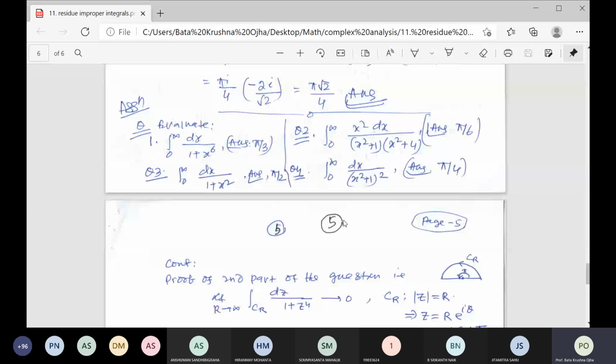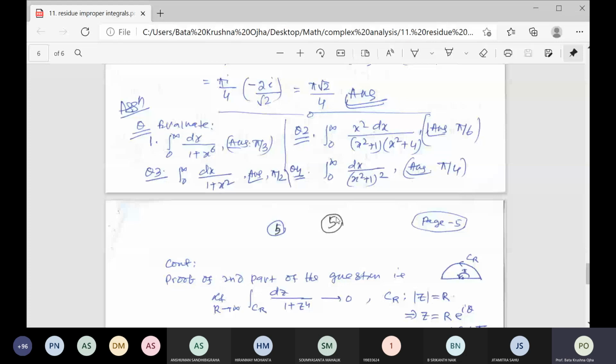Satyaranjan Ojha. Satyaranjan. Absent. Siddhant Mohan. Siddhant Mohan.